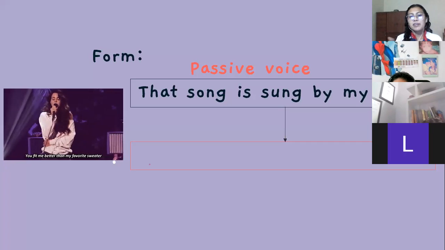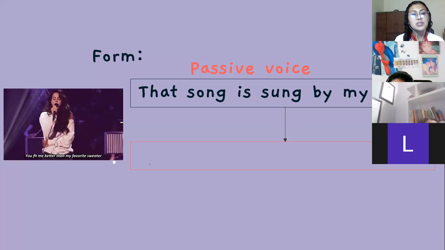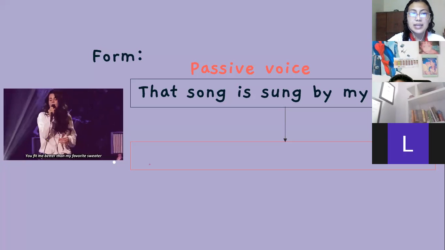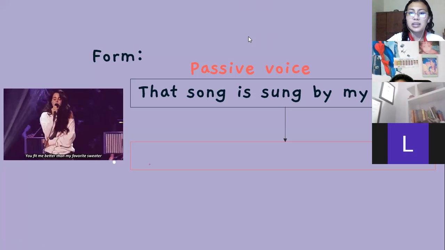So here we have another example. That song is sung by my mom. So we are going to pass this passive voice into an active voice. So remember, the first step is identifying the subject. What is the subject in this sentence?